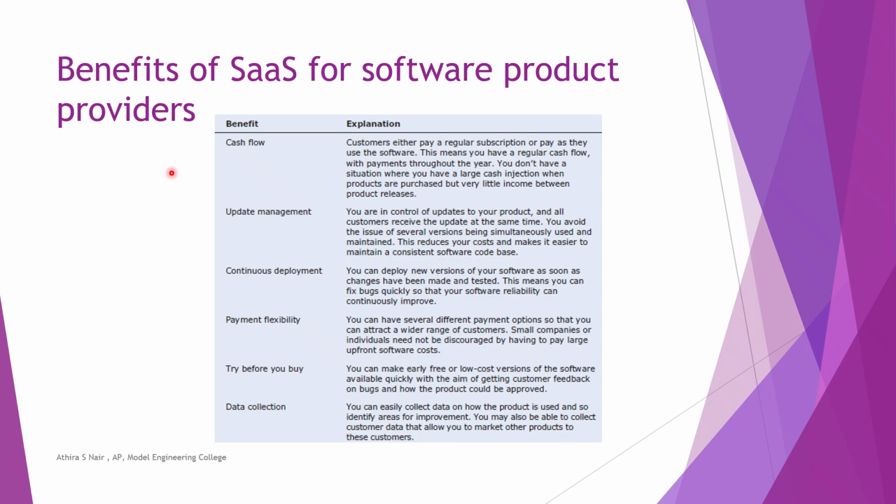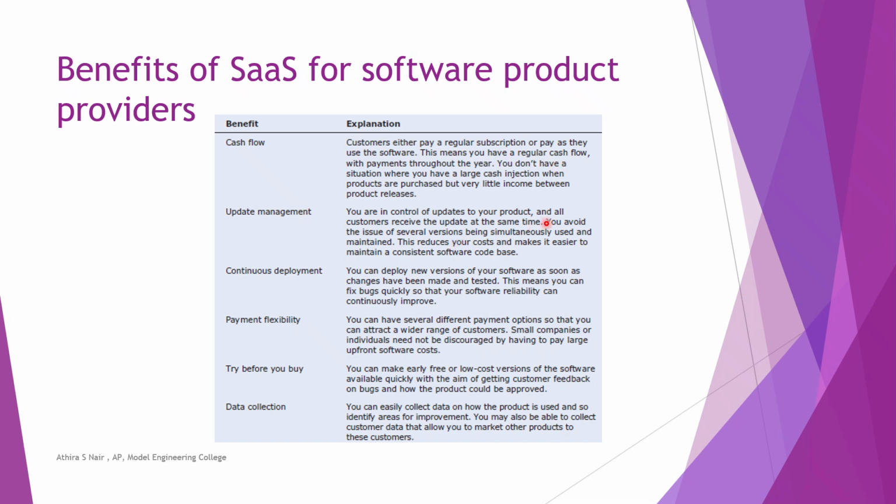So this table shows the benefits of this approach for product providers. Customers benefit from SaaS by avoiding large upfront payments for software and always having access to the latest version. However, some disadvantages in this delivery model dissuade many people from using software that is delivered in this way. The main advantages are that customers either pay a regular subscription or pay as they use the software, so there will be a regular cash flow.